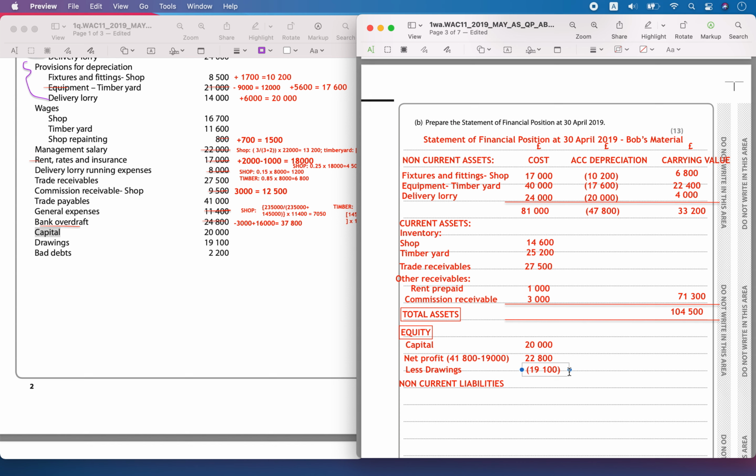Now let's calculate 20,000 plus 22,800, minus 19,100, that is 23,700.